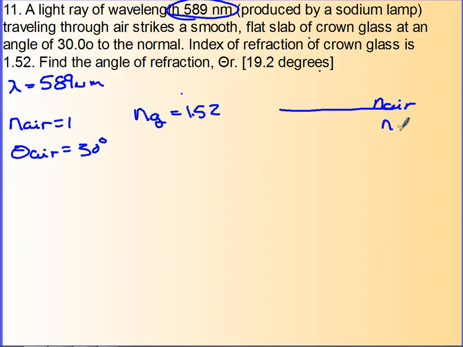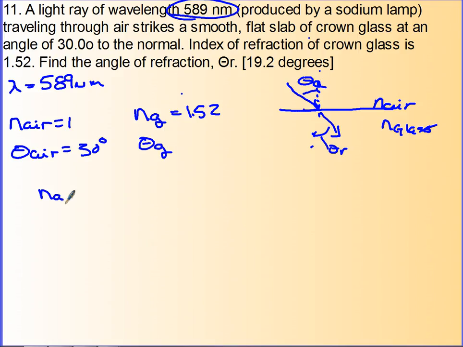So N of glass. You don't have to do the diagram. I just like doing it. All right. So here it's going to come in through air, theta air, and then it's going to refract somehow. Okay, so I'm looking for theta through the glass.